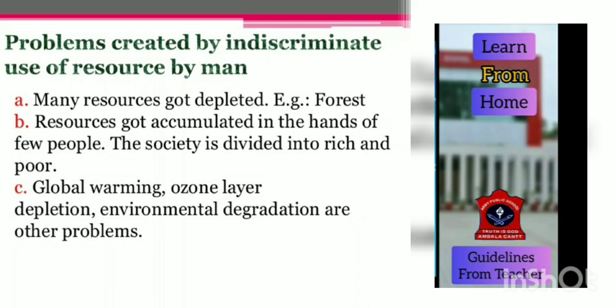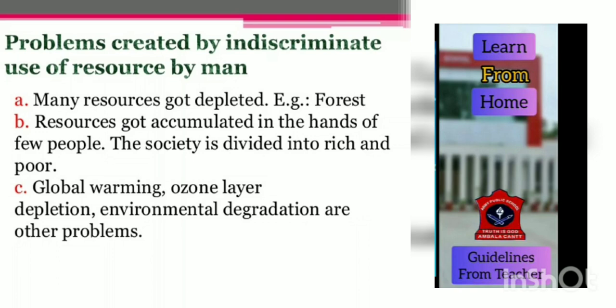Hence, the society gets divided into groups where one group has access to resources and the other does not have. Those who do not have the access to resources are the poor, and those who have the access to resources are the rich.